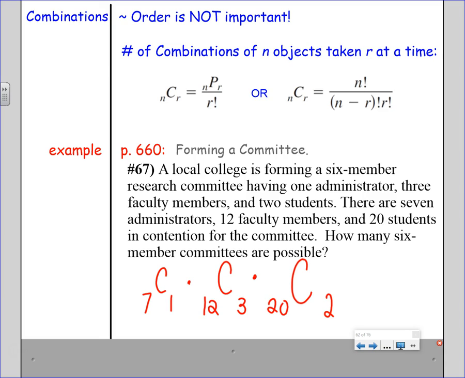Why is it a C and not a P? All we care is that they're on the committee. We don't care when they're chosen, the order they're chosen. The order does not matter.